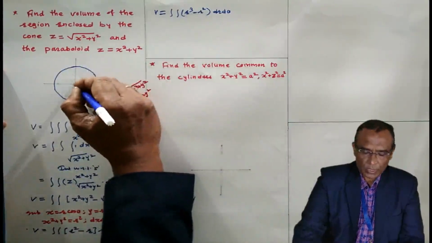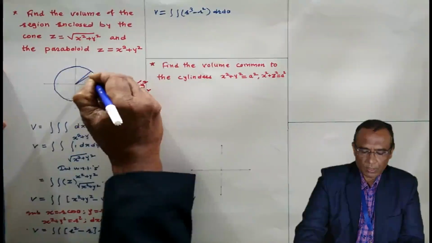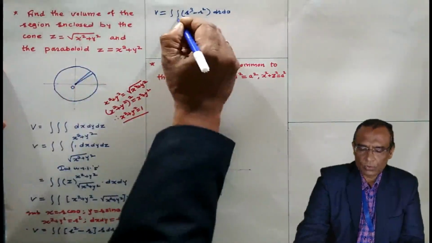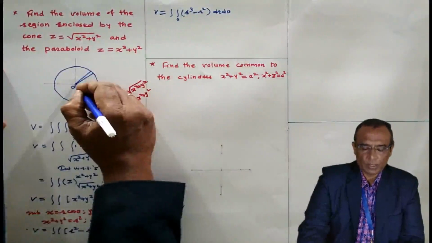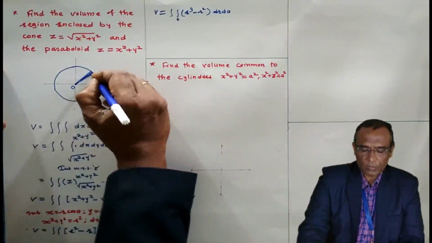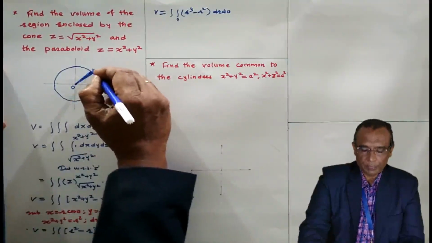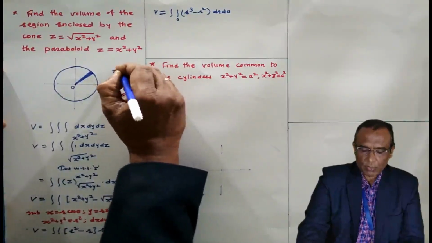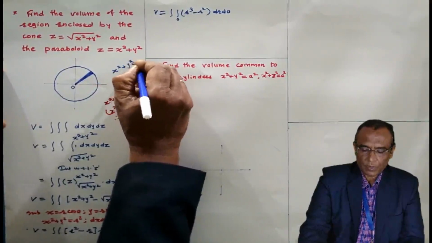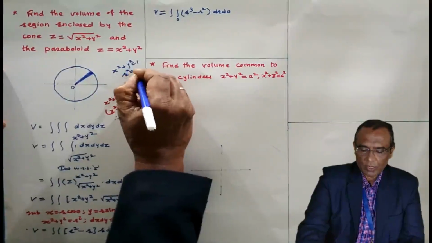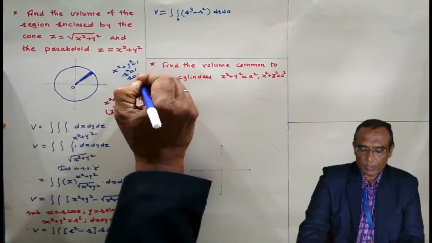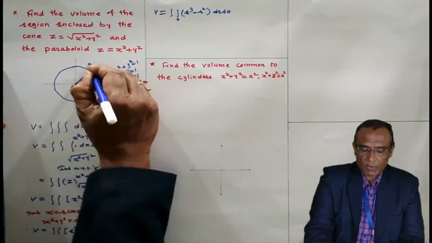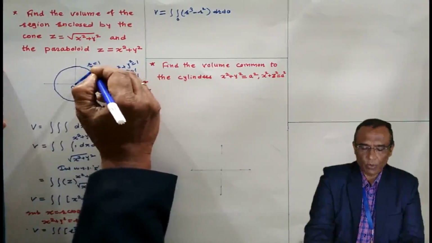Okay, I am going to consider the radial strip. Initially r is 0. At this point r is 0, and this end of the strip lies on the circle x square plus y square equal to 1. Here x square plus y square equal to 1 means r square equal to 1. If you take square root, r equal to 1 is the equation of the circle in polar form.